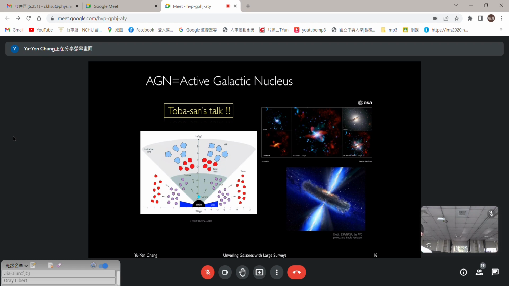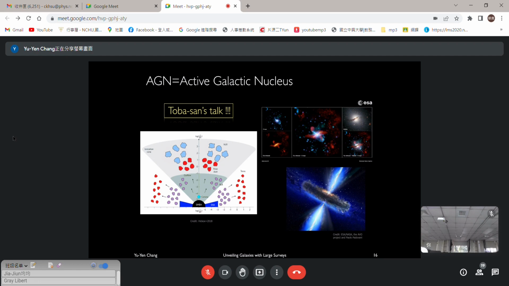So if we use multi-wavelength observations to trace AGNs, we can see their different structures. This kind of object was first identified under different names because they have very strong emissions at different wavelengths, like in X-ray, far-infrared, visible light, or the infrared part.